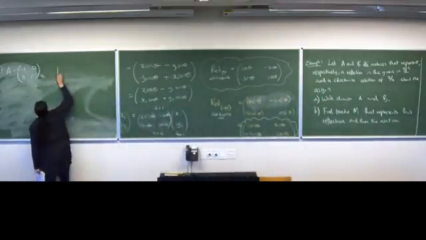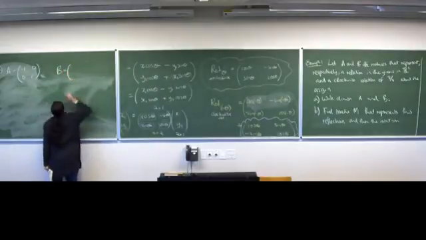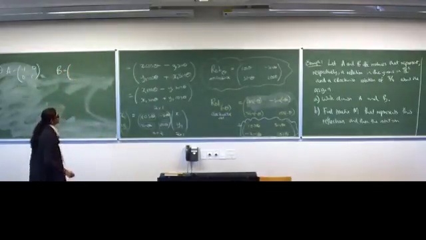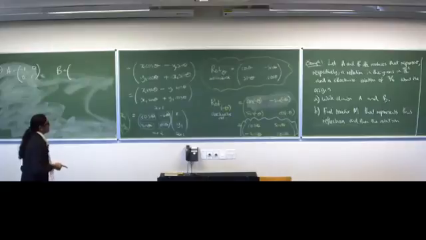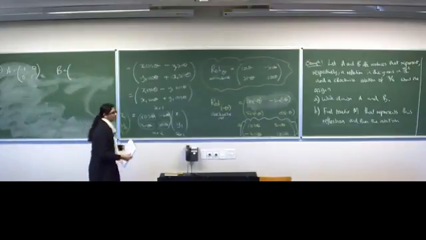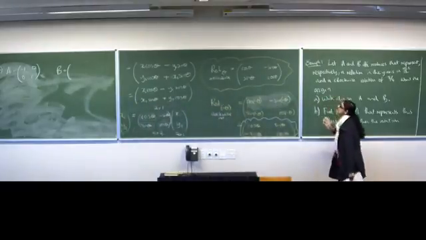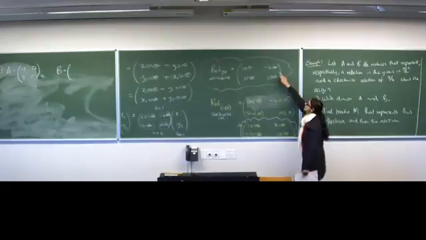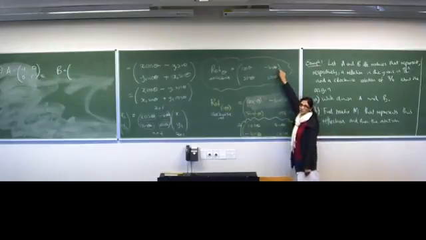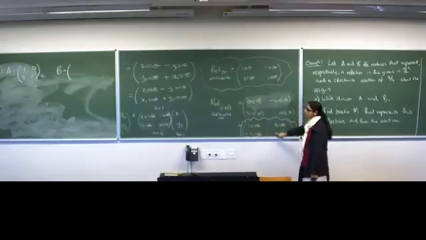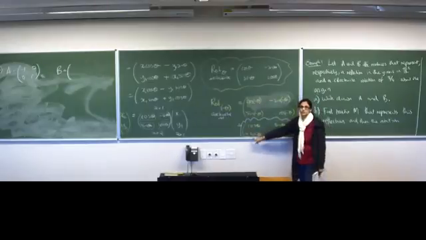What is B now? So it is a clockwise rotation through pi by 4. What I like to remember is, if it's anti-clockwise, my negative sign is in the top right corner. And if it's a clockwise rotation, my negative sign is in the bottom left corner.